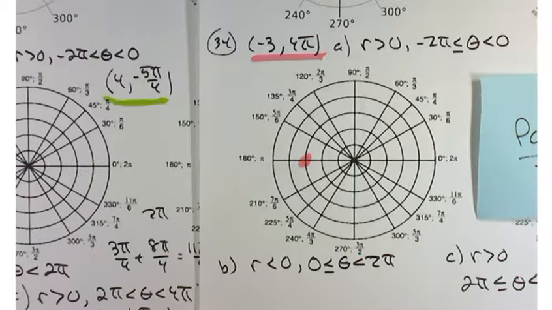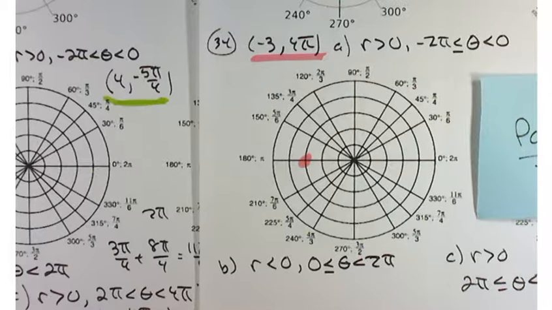So negative 3 is where you want to start out. That's good. We want a negative radius. This time we want an angle between 0 and 2 pi. So if we want a negative radius, that means our angle has to put us over here. And then we'll do a negative radius. So what angle in this range is going to put us on the x-axis? There's only one choice. 2 pi is not really a choice. It's less than 2 pi.